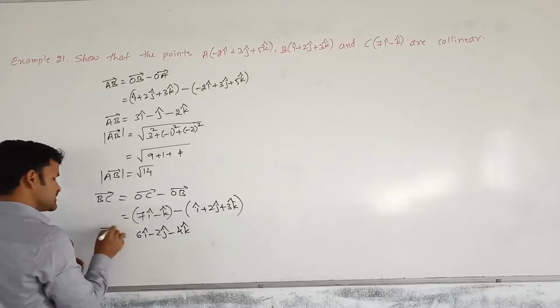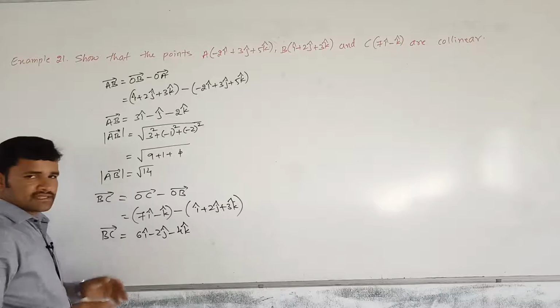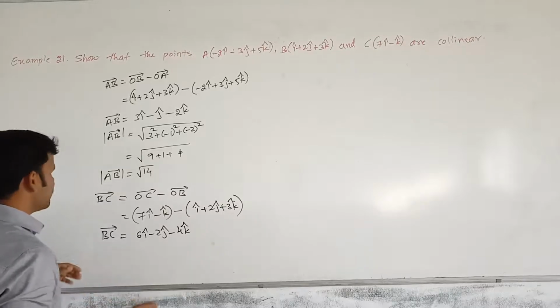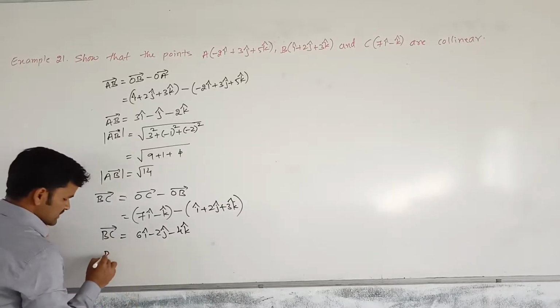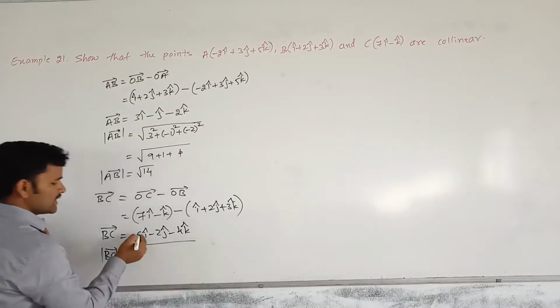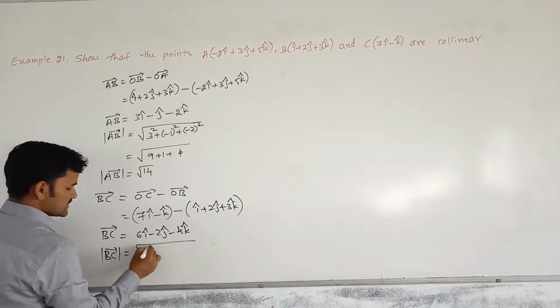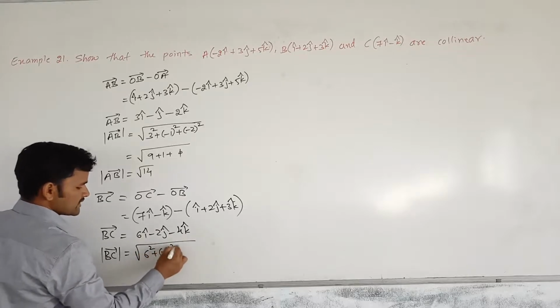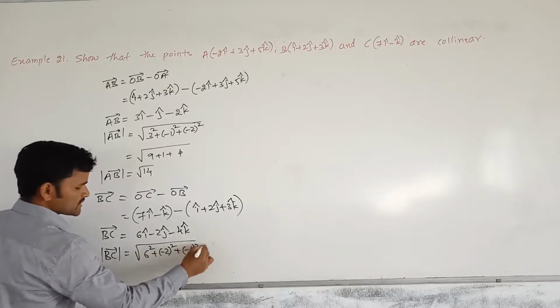This is vector BC. We want the length of vector BC, so find the magnitude of this. Magnitude of vector BC is the square root of 6 squared plus (minus 2) squared plus (minus 4) squared.